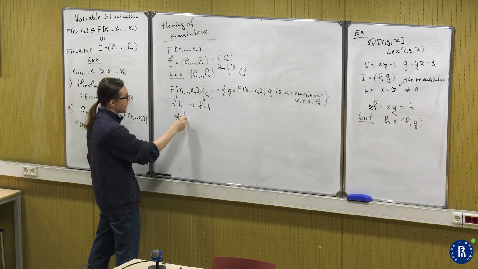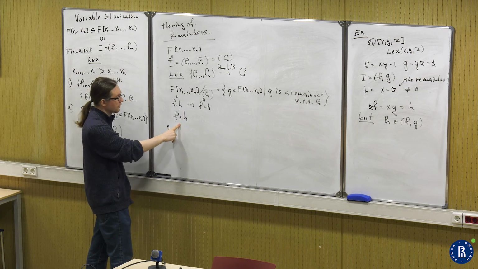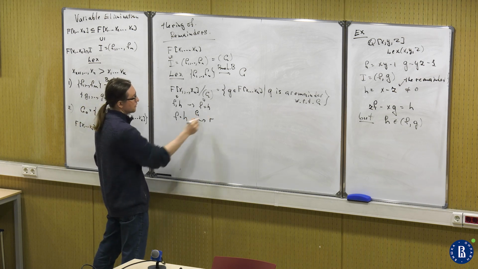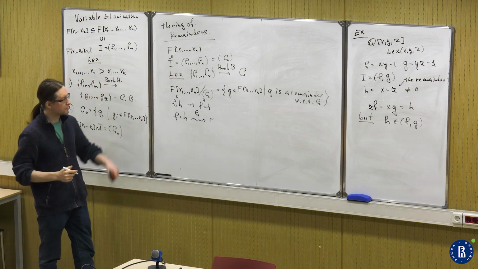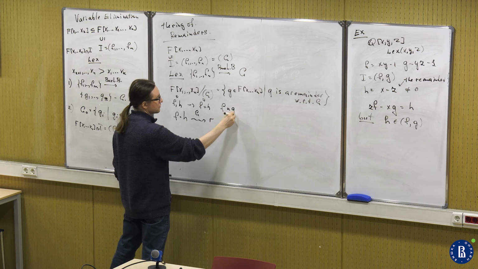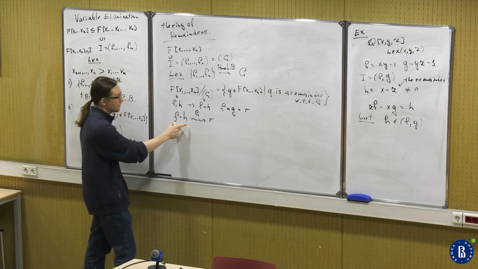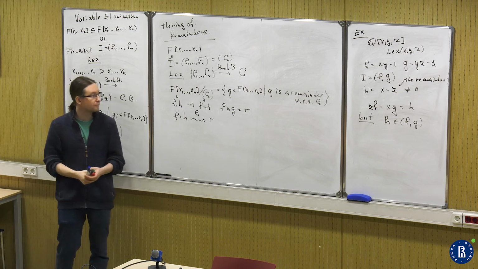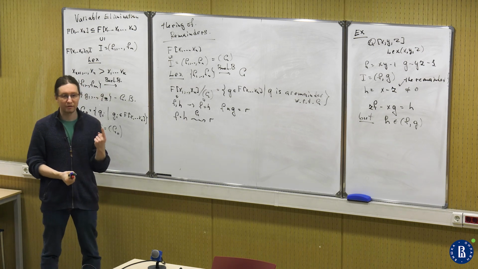You just multiply f and h as usual, like polynomials, and then you find a remainder with respect to the Gröbner basis G. So now you just define multiplication like this. You multiply and then reduce. This is the same procedure that we had in case of one variable.